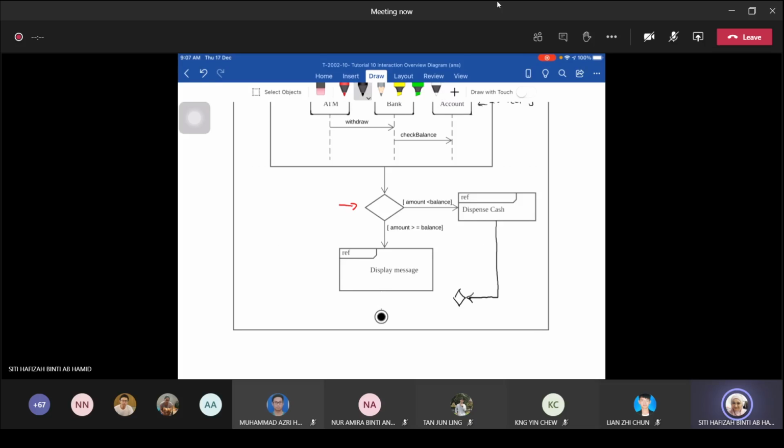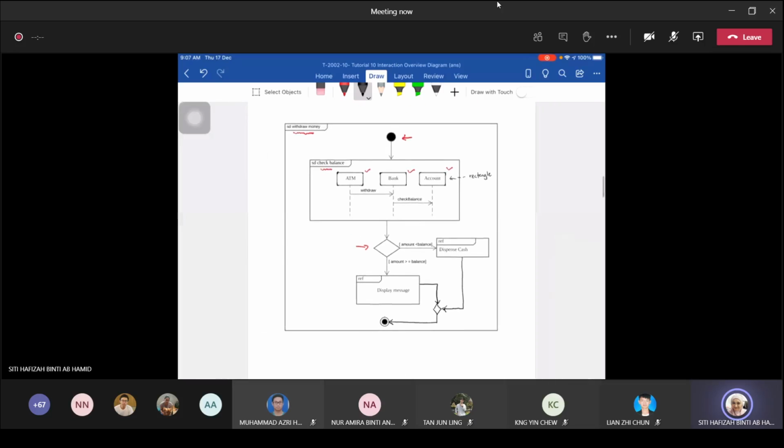So you have split and merge node. So you break it here, and then you combine it here, and then go to the end. Alright. So this is how you convert the sequence diagram given to an IOD. Any question? It's very straightforward.